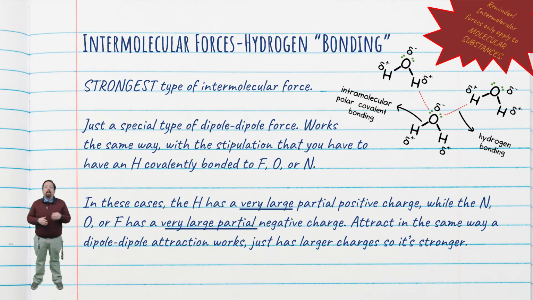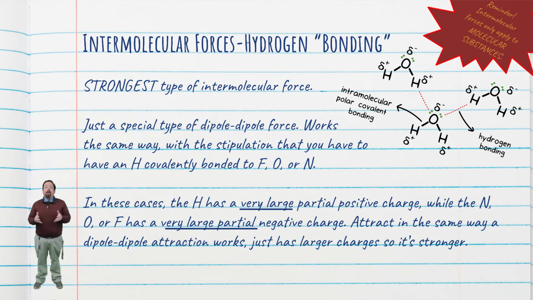So you'd look for an H covalently bonded to F, O, or N. Then you'd recognize that the H will have a really large partial positive charge, while the F, O, or N have a really large partial negative charge. The attraction between those positives and negatives from one molecule to another are the hydrogen bonding attractions that we're talking about.